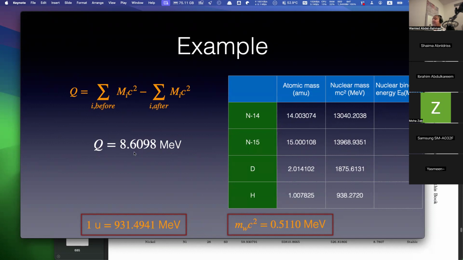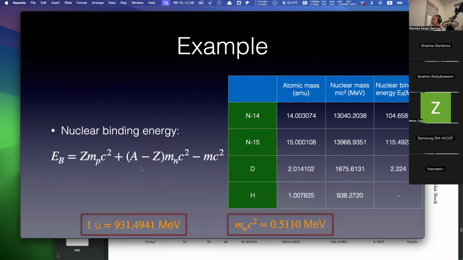This means when this interaction happens, we get an energy of 8.6 MeV. That's what it means. It's an exothermic reaction. We could apply the same thing, just for demonstration, by using the nuclear binding energies.